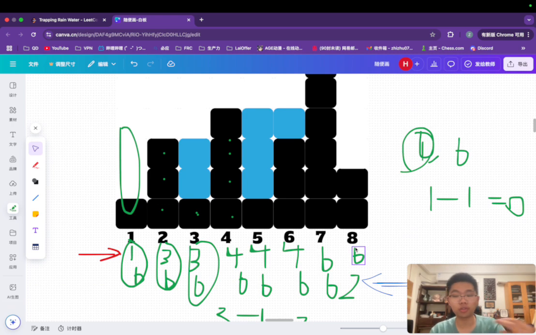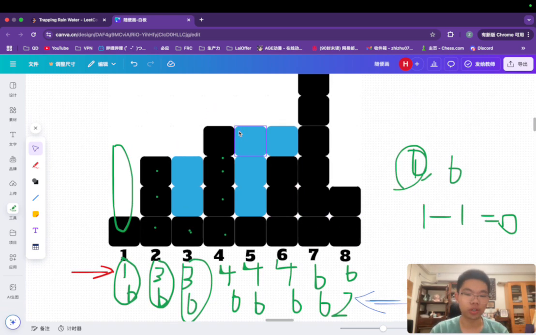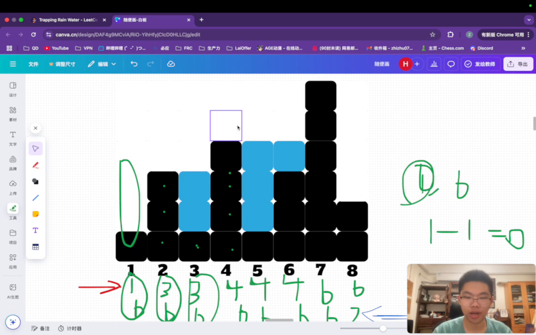But there's no need to worry at all, since even if this position is the highest one so far, its value is guaranteed to be included in the two arrays. So the same number subtracted by itself gives us 0, which means this position cannot hold any water, and it's actually true since the highest position cannot trap any water, which is quite obvious.